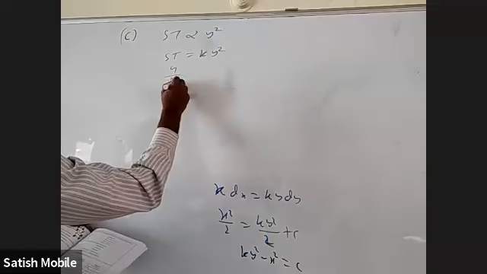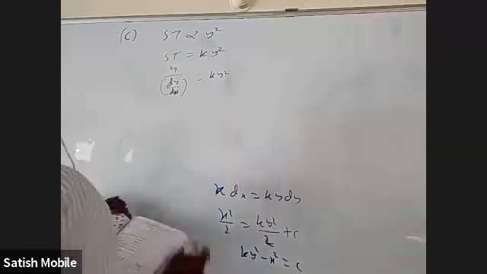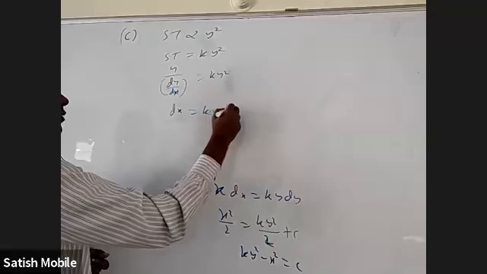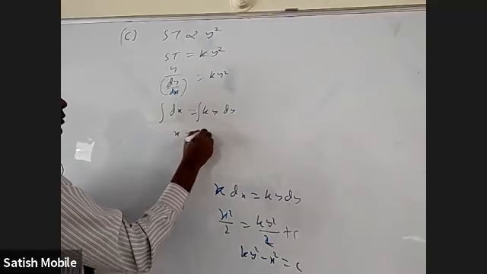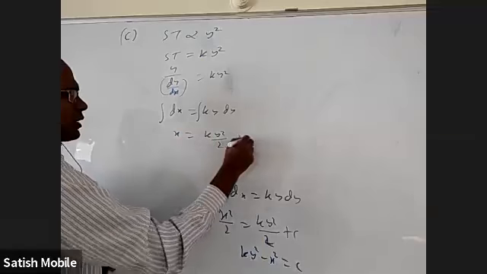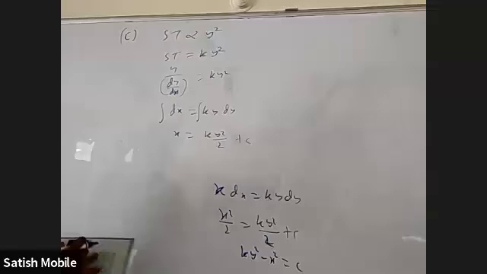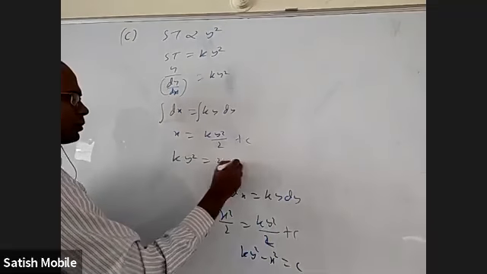Subtangent is again y by dy by dx, which is equal to ky square. Okay, the dx can go up, and here you will get ky dy. Integrate it. X is equal to ky square by 2 plus c. Some parabola it is. Ky square equal to x plus c. You can bring 2 here, constant here. Ky square equal to 2x plus c.